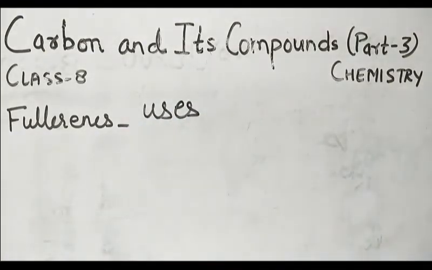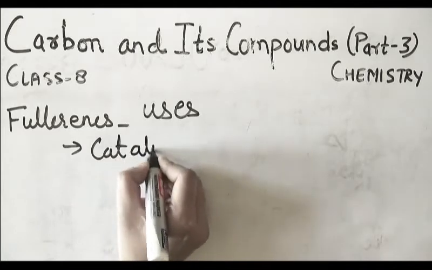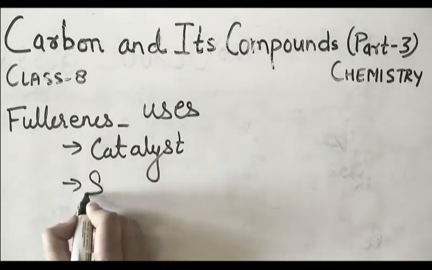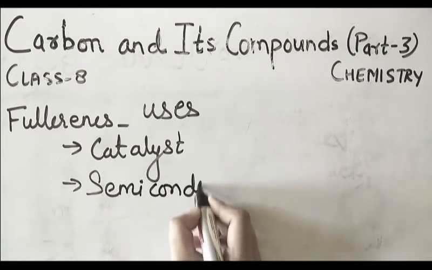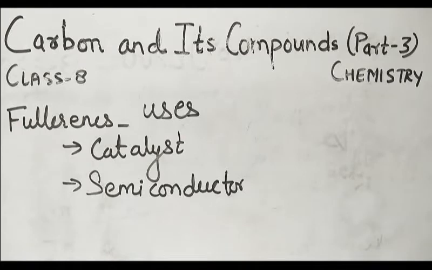So if we discuss the uses, they are used as catalysts. What are catalysts? Catalysts are chemical compounds and chemical elements which can increase or decrease the rate of the reaction. They are also used as semiconductors in TVs and flat screen TVs.